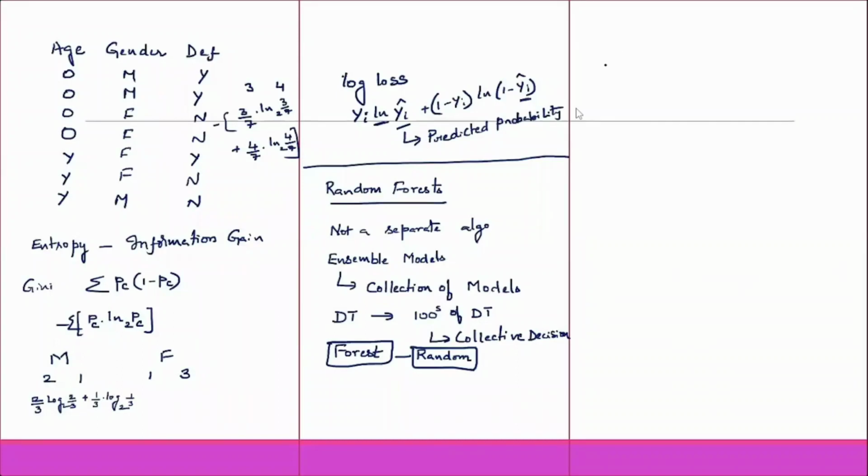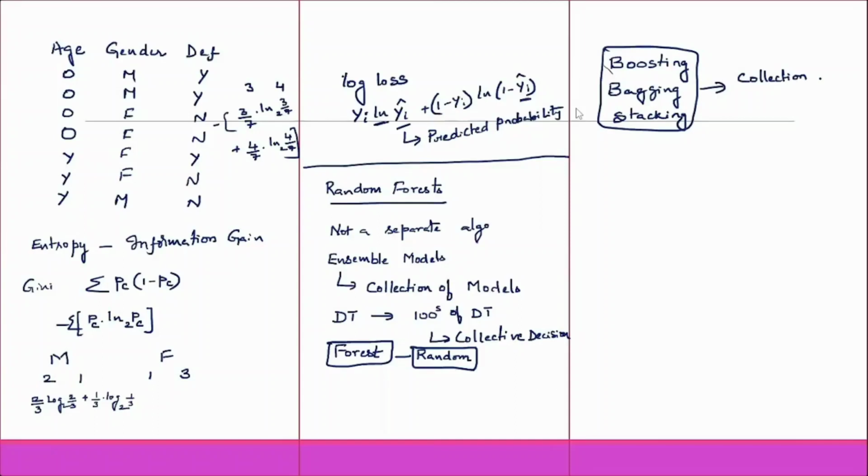So we can talk about boosting, right? We can talk about bagging. We can talk about stacking. All these kinds of things are a collection of one or more models. They are also a model, but they don't have individual formulas.